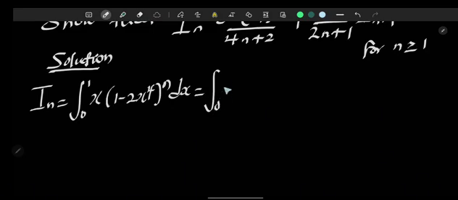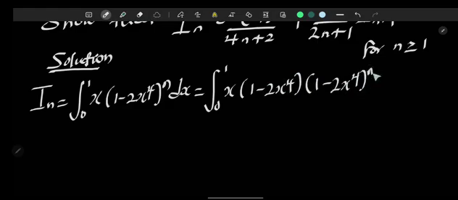That can be written as the integral from 0 to 1 of x(1 minus 2x^4)(1 minus 2x^4)^(n-1) dx. I haven't changed anything here. By the time you multiply the brackets, you're going to have the same result as what you were given.